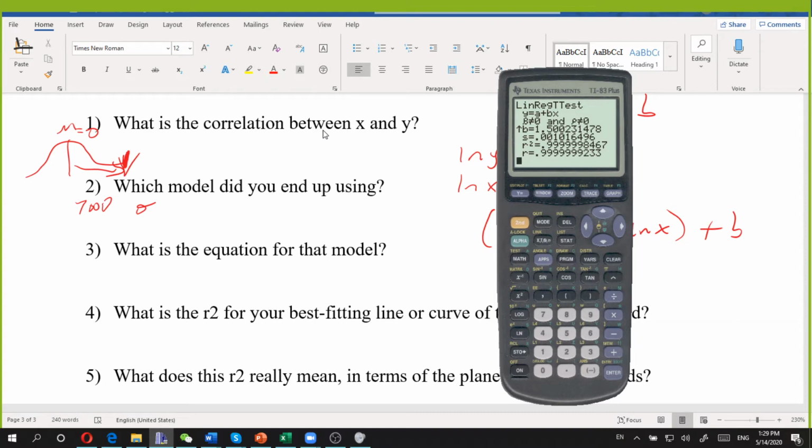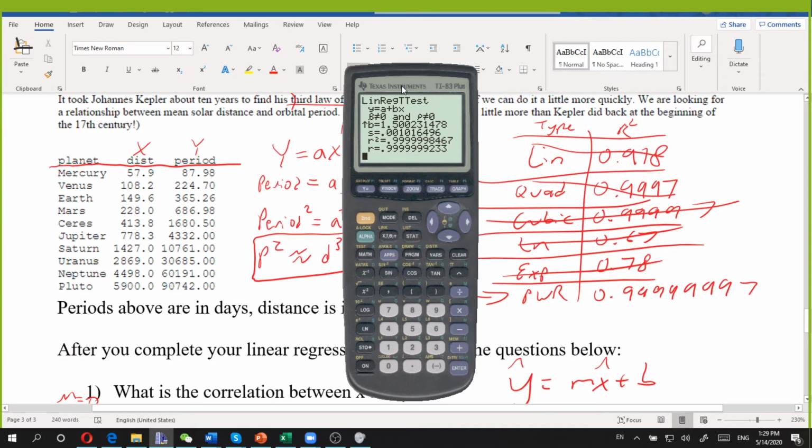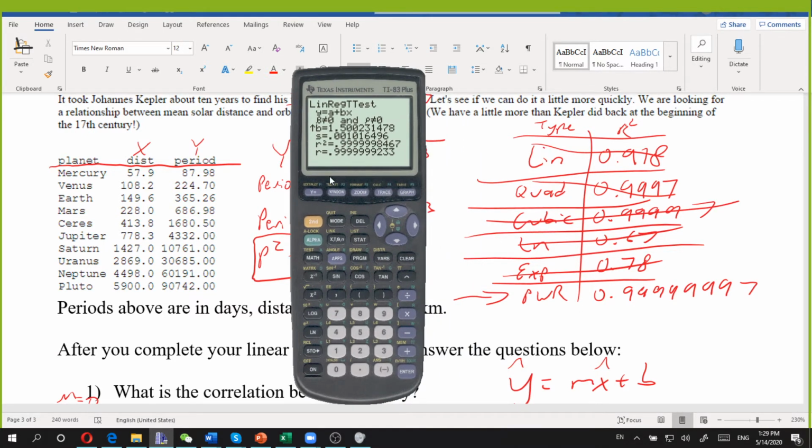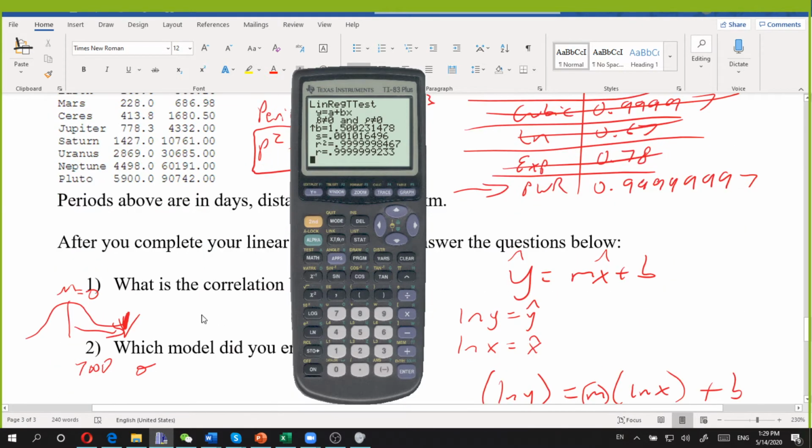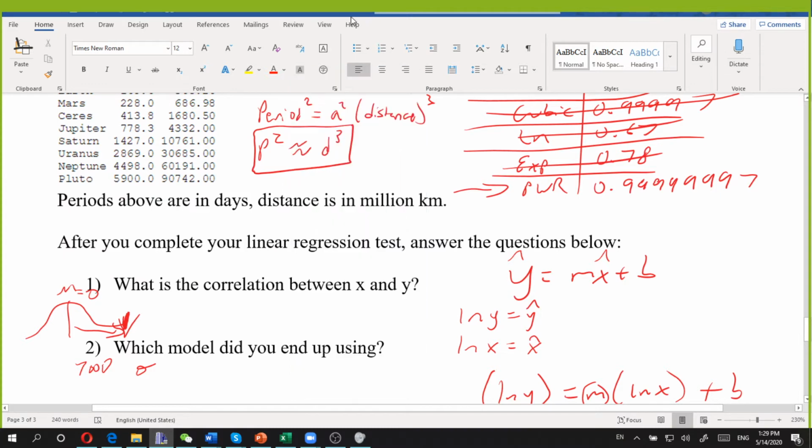Is it a strong, moderate, or weak relationship? Strong. And what model is it? Can't see. This is actually behind the calculator for our best fit. Power. Okay, so I have a strong positive relationship to a power function.